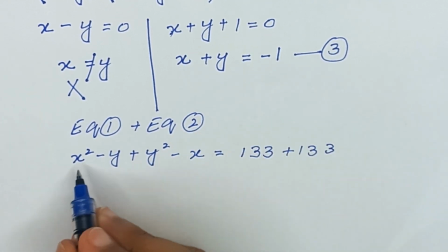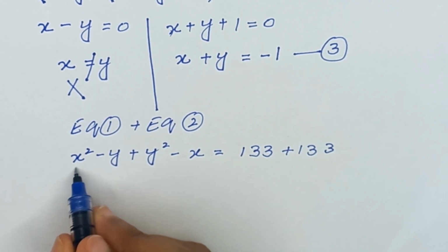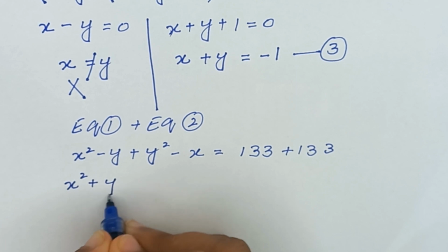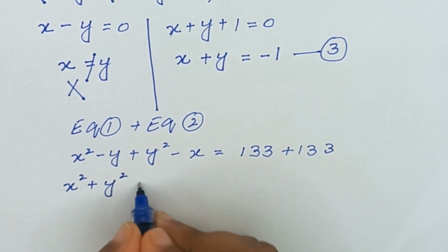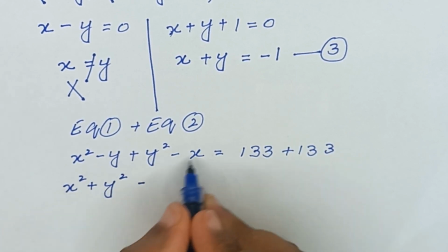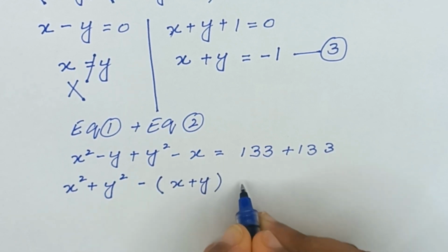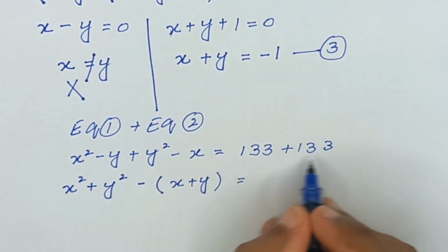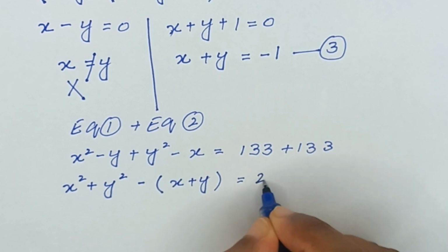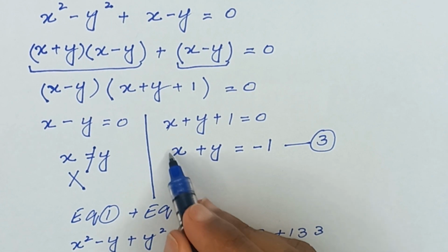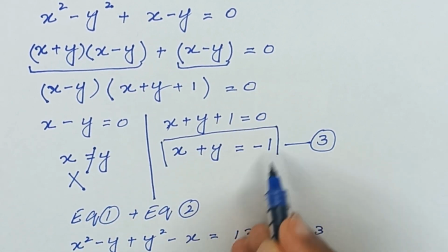So from here I will rearrange this equation as x square plus y square, and I will take minus common from these two terms, so it will be minus x plus y, and it is equal to 133 plus 133, which is 266. Now here we have the value of x plus y is equal to minus 1.